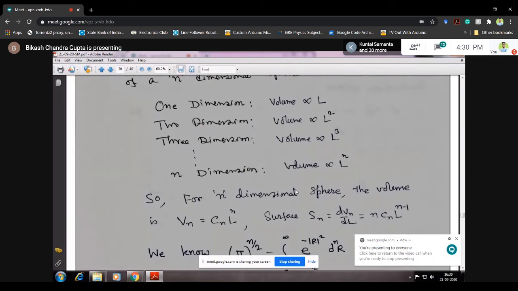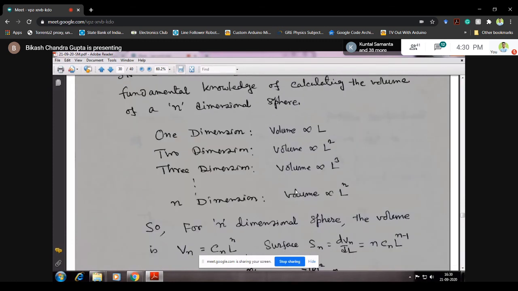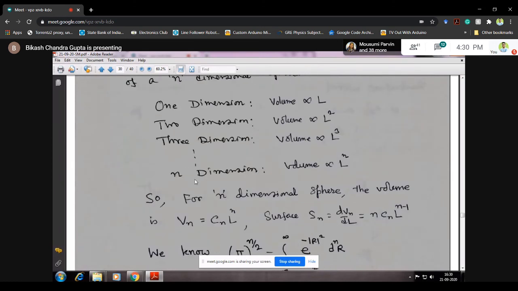It goes as L cube if the radius or dimension is L. Now for the nth dimension, if you have a sphere of dimension n, then obviously if you extend the relation, it should go as L to the power n, right?